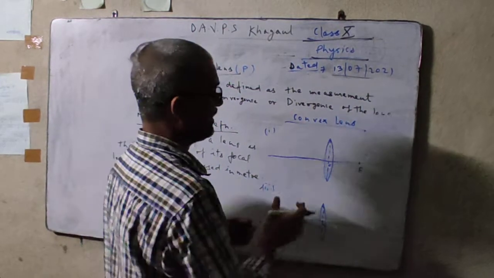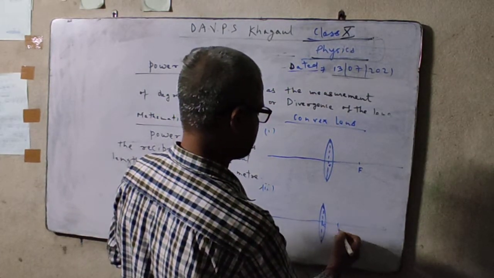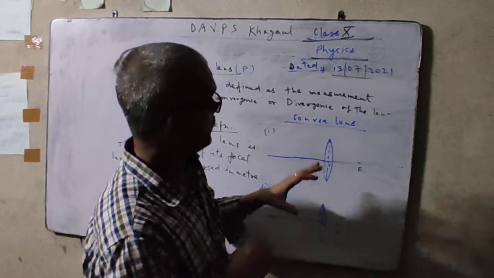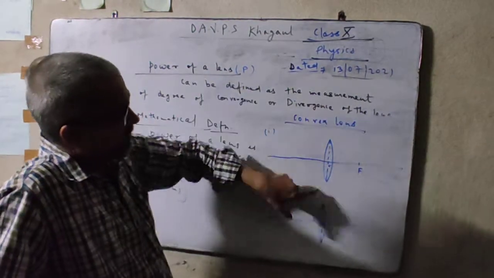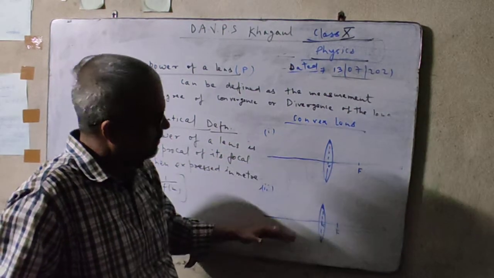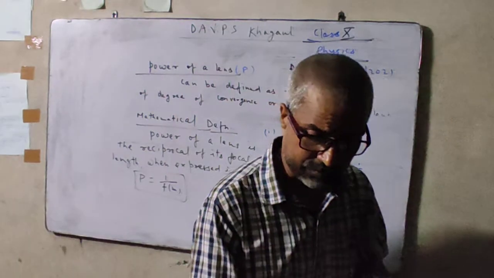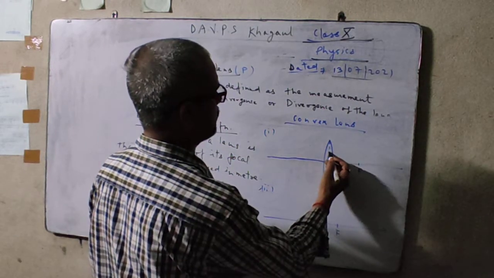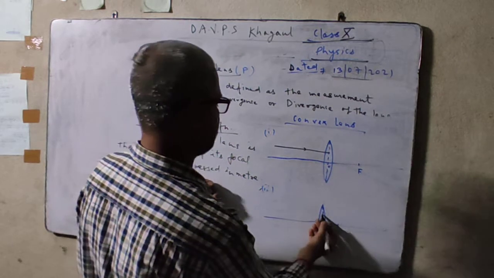Okay, greater focal length, less focal length. So of the two convex lenses, we observe one has greater focal length, another has less focal length. So now we can see how these two convex lenses converge the light rays which are parallel to the principal axis. Okay, two light rays we are making, one for this and another for this.